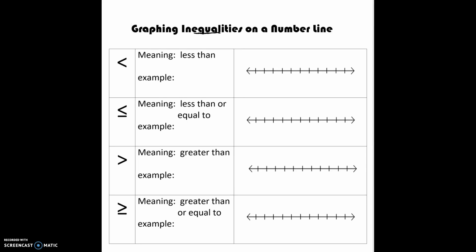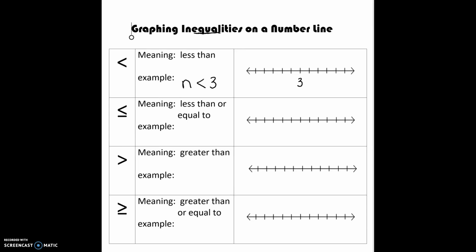So for example, if we say that some variable n is less than 3, on a number line we would graph that by first identifying or marking where we want 3 on the number line. So n, the variable, can stand for any number that is less than 3.